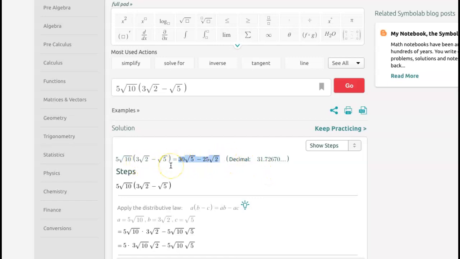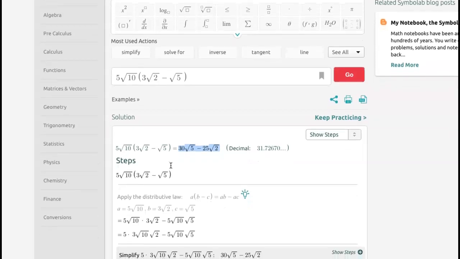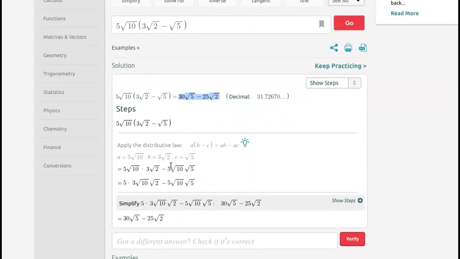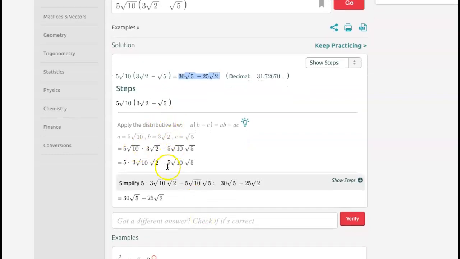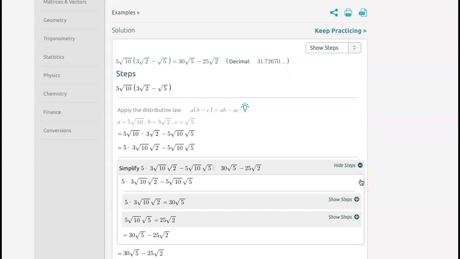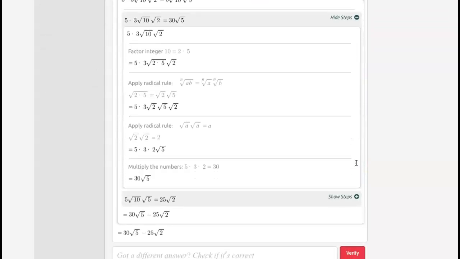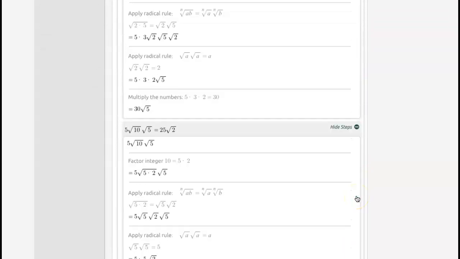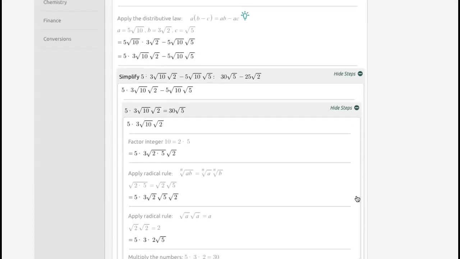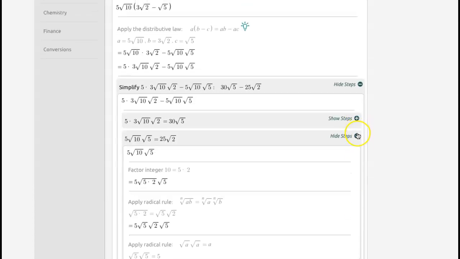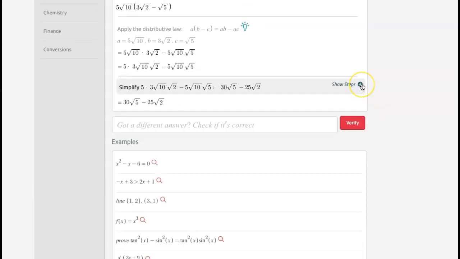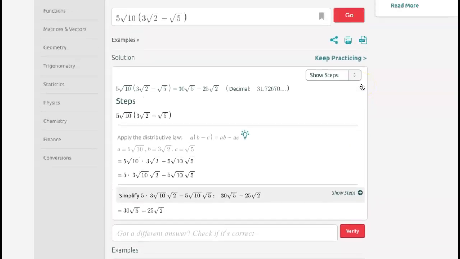You know, if I was unsure of how to do this, I can see the steps here of how it was done, so I can understand how it got to that answer. Of course, I've got the version that gives all the steps. Right, so I can see all the steps of how it got to its final answer. Okay, so that's pretty cool.